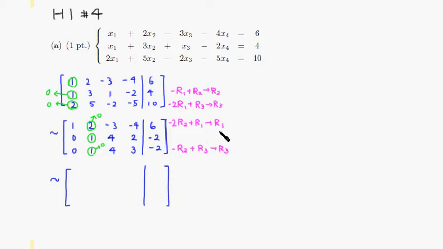Nothing happened to the second row, so I'm just going to copy the second row: 0, 1, 4, 2, -2.